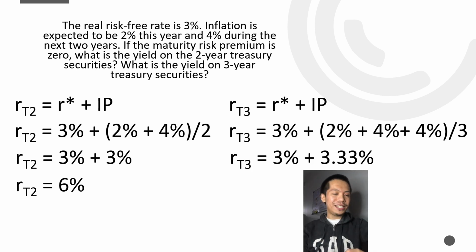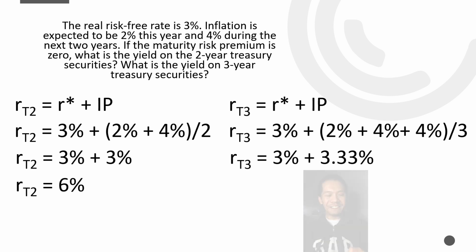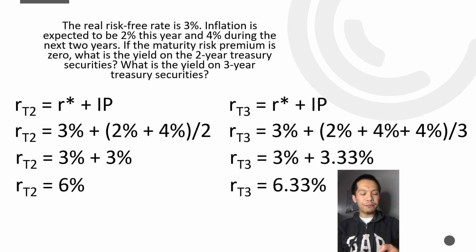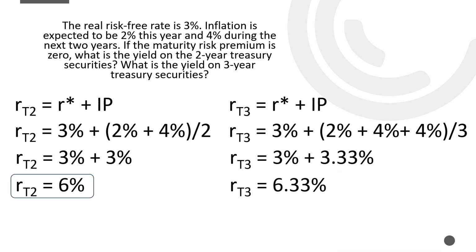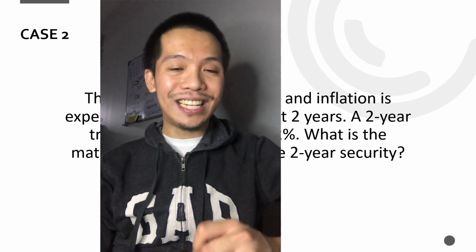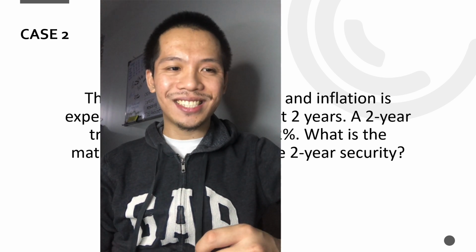R sub T3 is equal to 3% plus 3.33%. R sub T3 is therefore 6.33%. In this case, the Treasury security rates are 6% for those with 2-year maturities and 6.33% for 3-year maturities. Let us explore more in the next case.